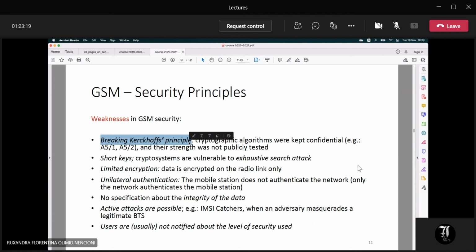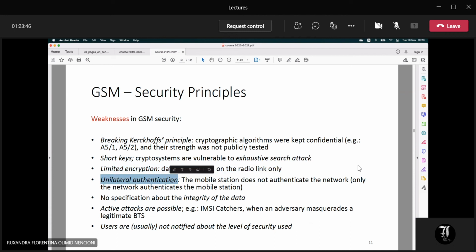They were bad, cryptographically speaking, and the Kerckhoffs principle was not taken into consideration. So never keep something private. Once the algorithm is found out, you might have a problem. Short keys, we will see. It's very easy to do a brute force now. I already said limited encryption, because we only encrypt up to the first link.